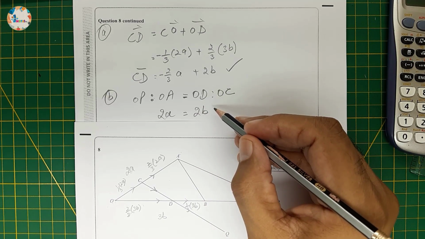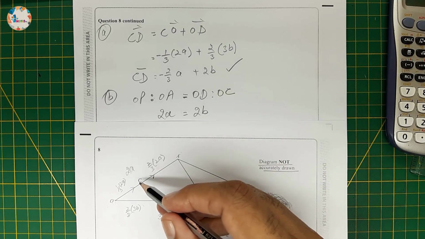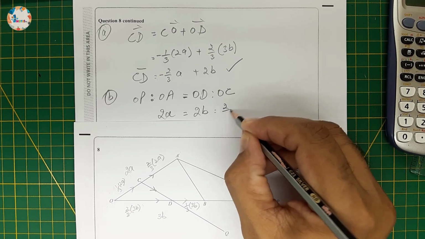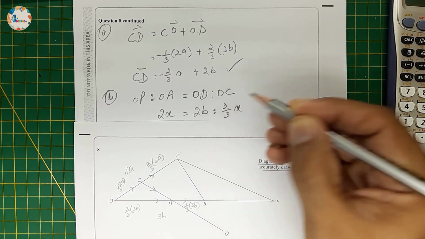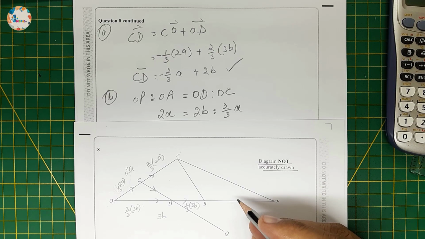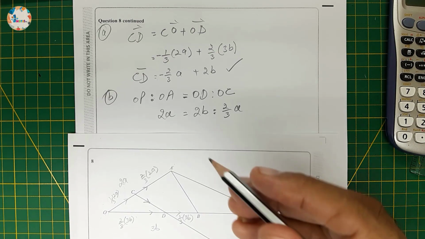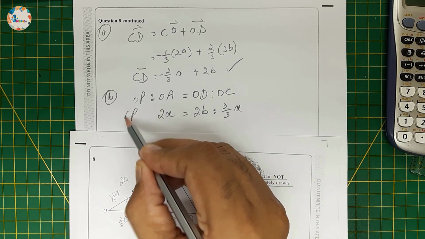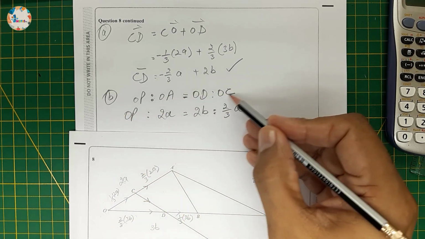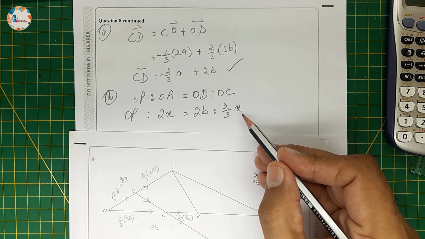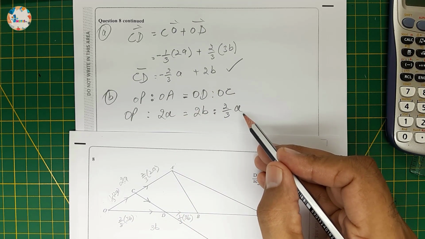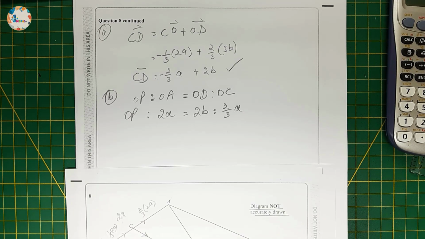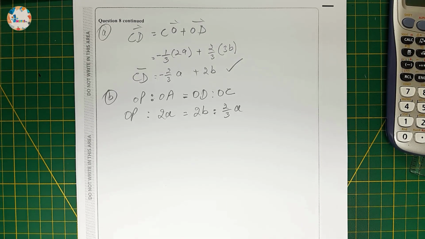And OC, we know, is 2 by 3 a, so this will be 2 by 3 a. This will be the ratio, and now we can find OP. We have replaced all the values, and now we can use the product of inners equal to the product of outers.